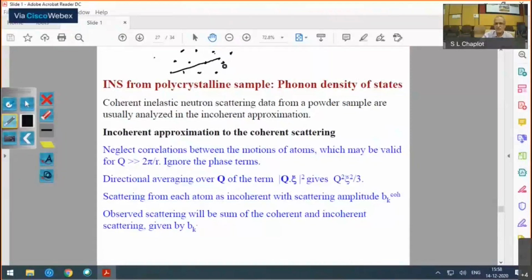So your small q can be this, it can be this, it can be this, it can be this, and so on. So a large number of small q vectors.